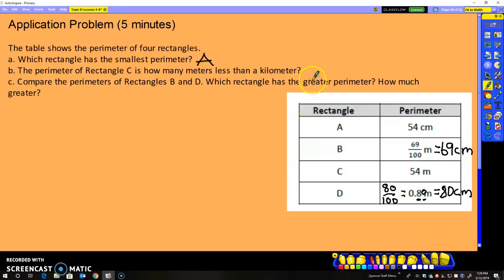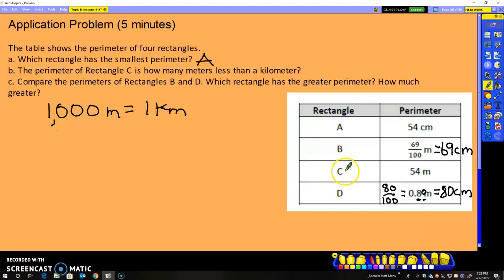Alright, question B. The perimeter of rectangle C is how many meters less than a kilometer? Ooh, interesting. I think you've been reviewing this conversion. If I have 1,000 meters, I have a kilometer. So 1,000 meters equals 1 kilometer.